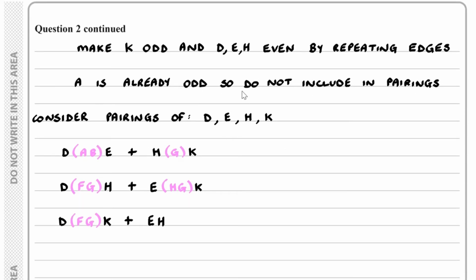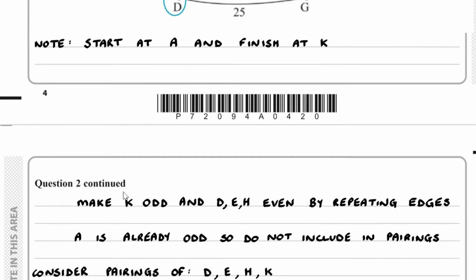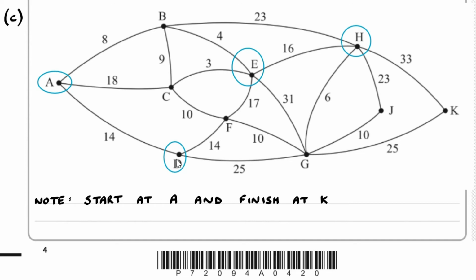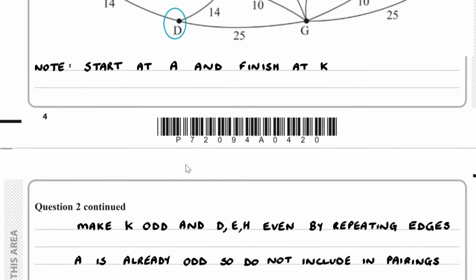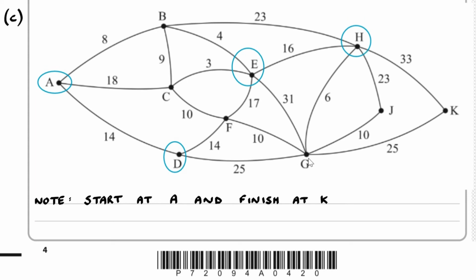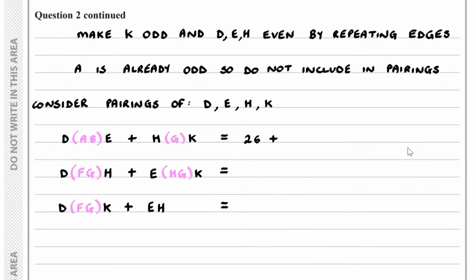So now we can find each of these. If we work each of these out, D to E via AB, we've got 14 plus 8 plus 4, that's 26. And then H to G to K, that's going to be 31.